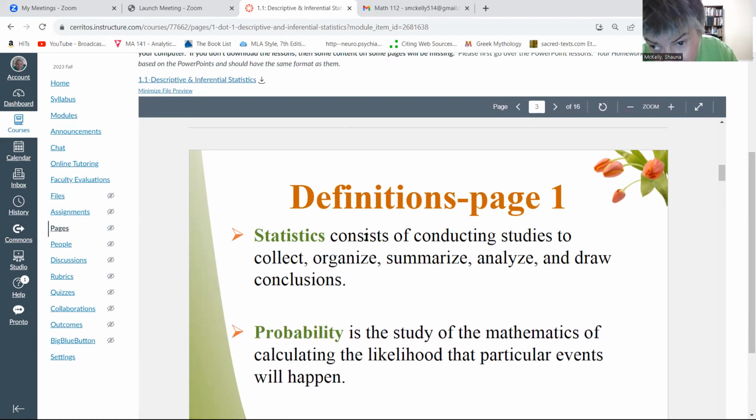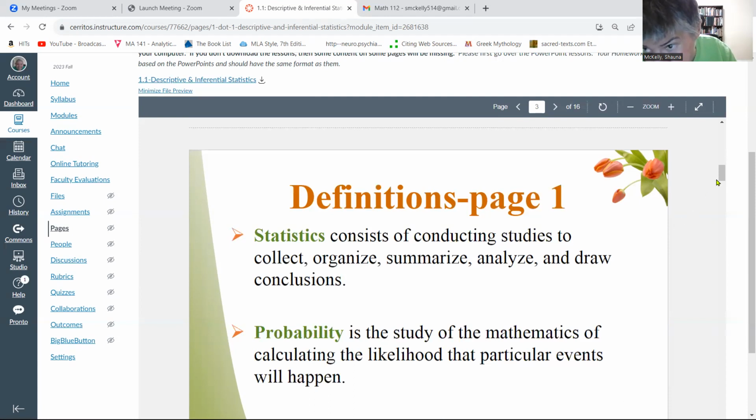Statistics consists of conducting studies to collect, organize, summarize, analyze, and draw conclusions, specifically from data, okay? So it could be the process of, or the study of, if you want. But that's the definition of statistics, okay?